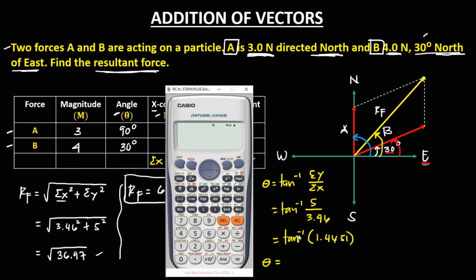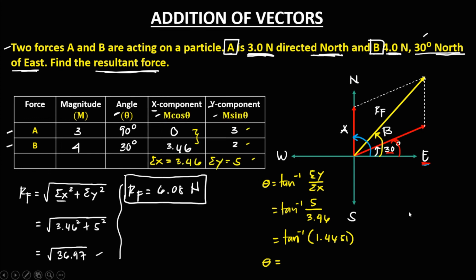So to find angle theta, for the inverse tangent, press shift, then tangent, that's inverse tangent, then 1.4451 equals 55.32 degrees. So theta is equal to 55.32 degrees north of east.